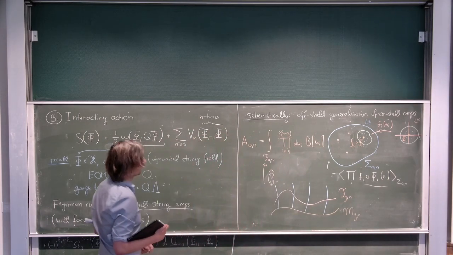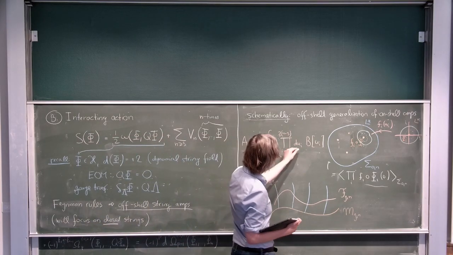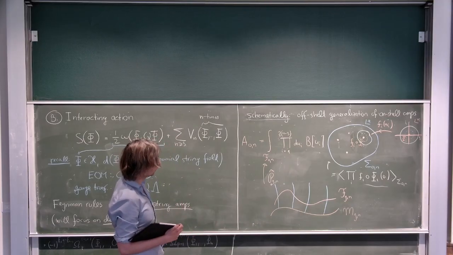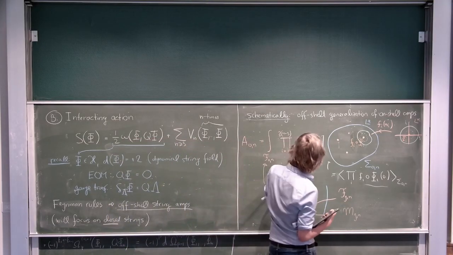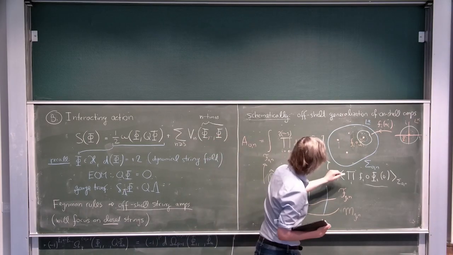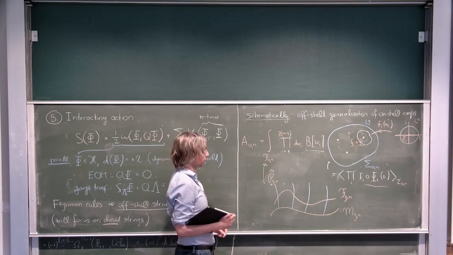That's one thing which I have to do, and then of course I have to choose a suitable measure for this integration, which is also very tightly connected to the fact that in this correlation function I also have to insert some contour integrals of b ghosts.